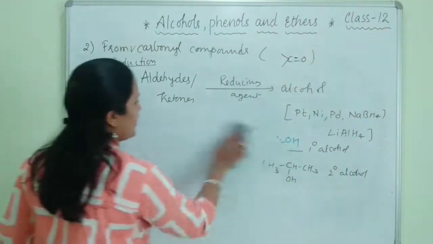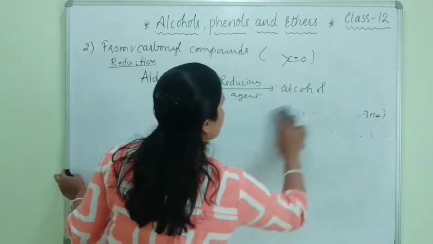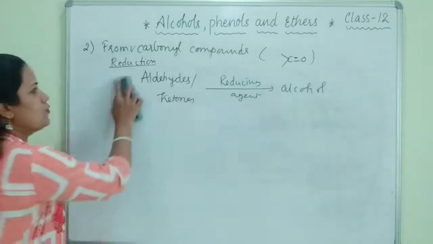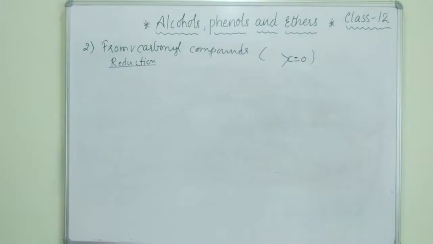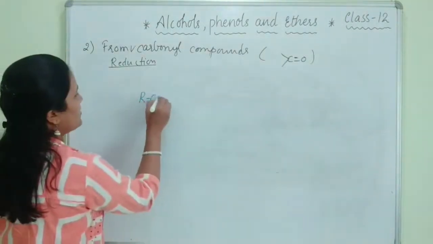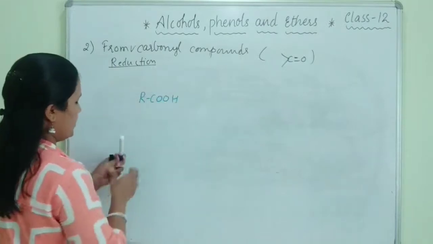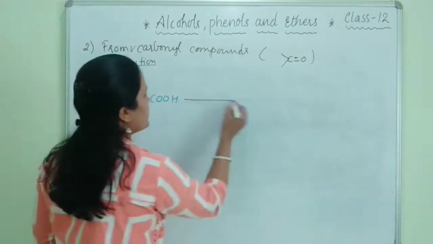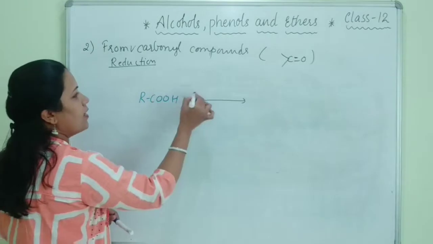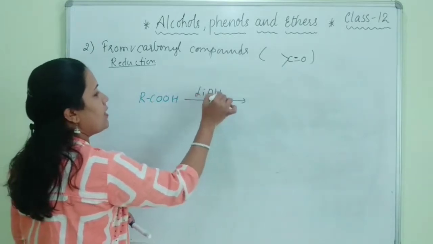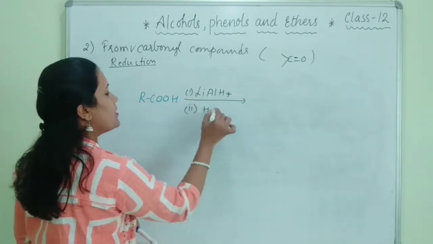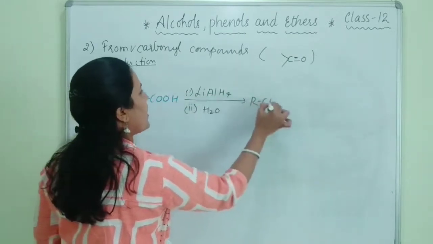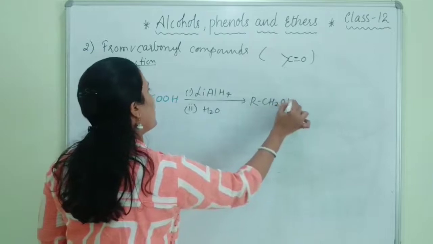Okay, so now let's see how we can observe this for carboxylic acids and esters. Similarly, for carboxylic acids and esters also, we can use the same reducing agents. Carboxylic acid, that is RCOOH, reacts with LiAlH4 followed by hydrolysis, and we will get CH3CH2OH.